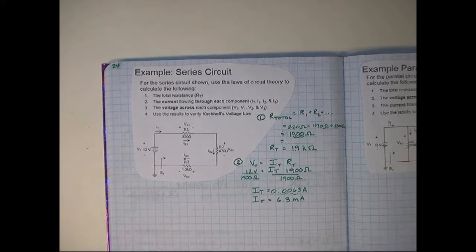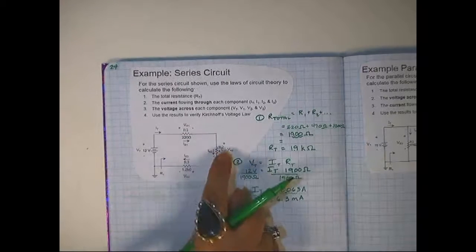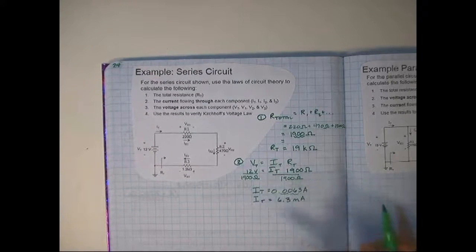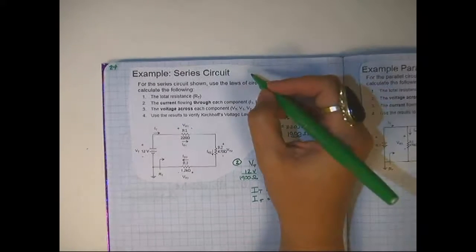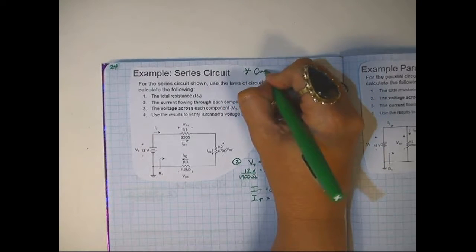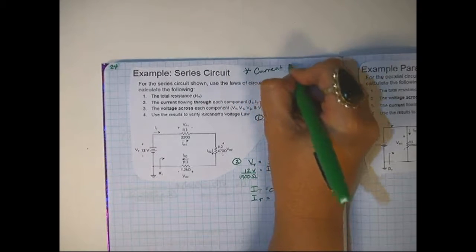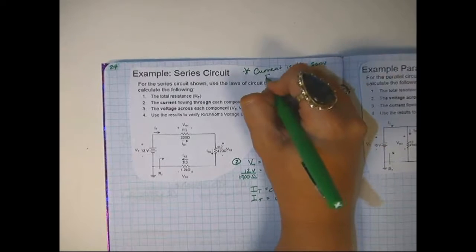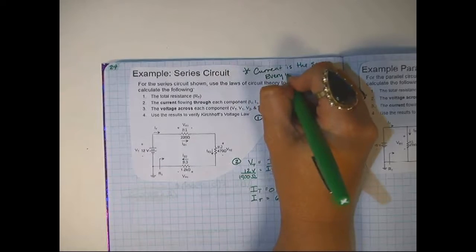Now I need to find the current in here, here, and here. And when we're talking about a series circuit, make a little note here. Current is the same everywhere.